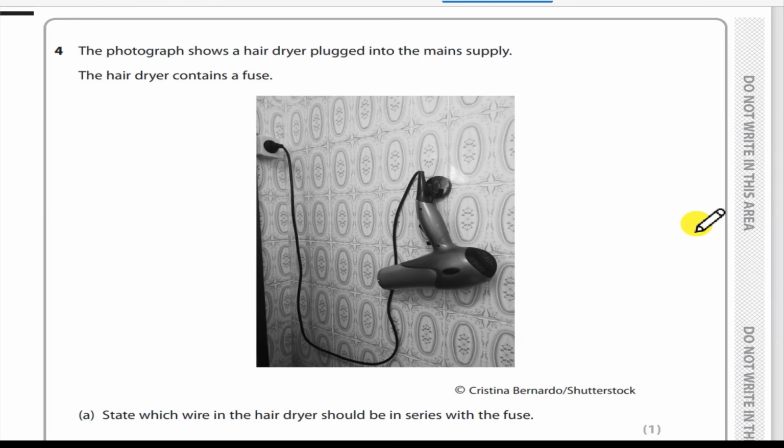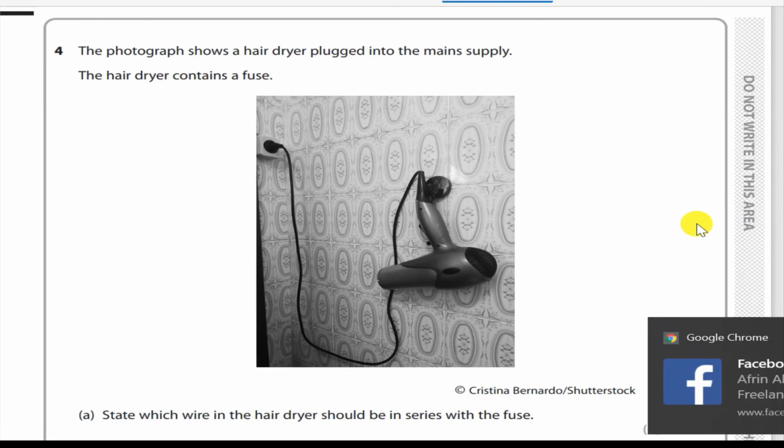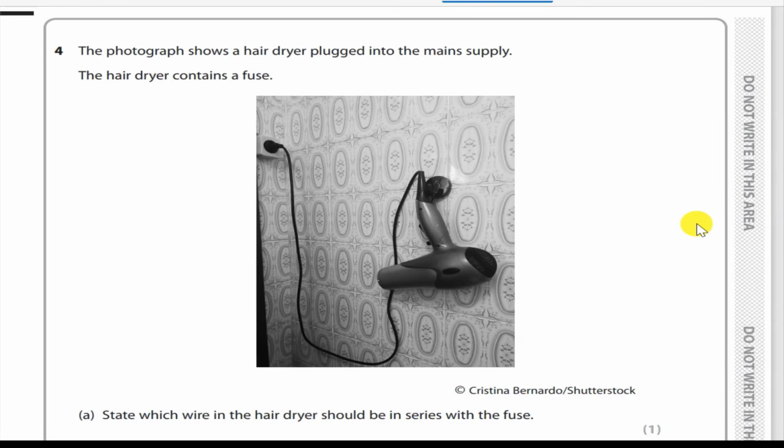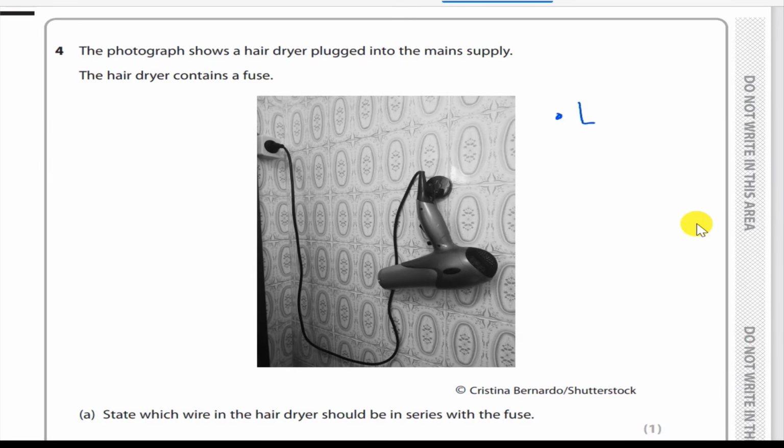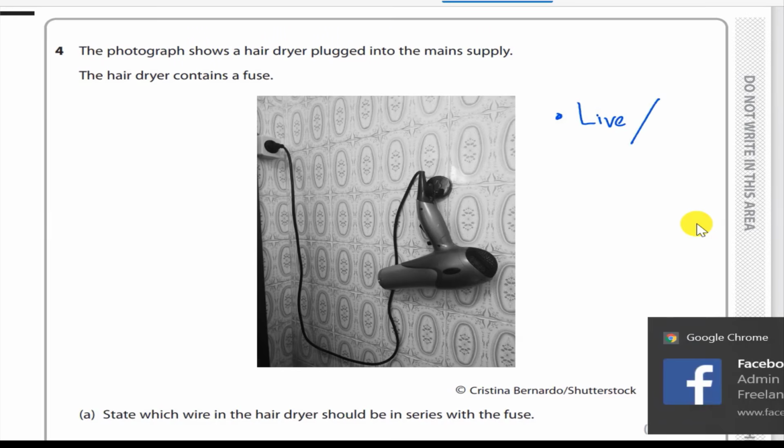Remember, fuse must be connected in live wire. So answer is live wire or L wire.